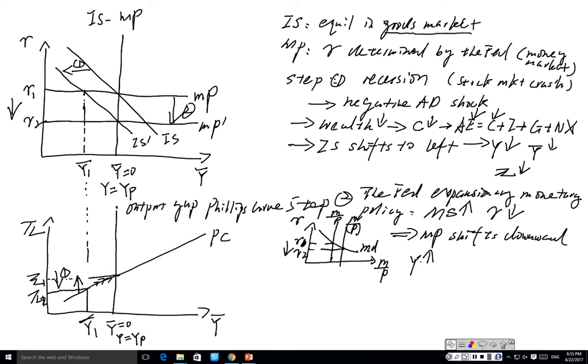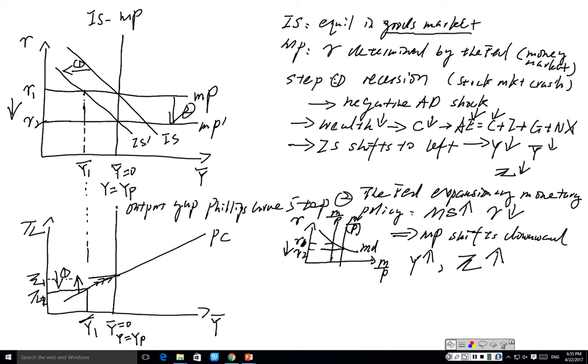So the output level in the second step increased because the Federal Reserve reduced the real interest rate. At the same time, the inflation rate will increase. That's how the Federal Reserve used expansionary monetary policy to fight the recession.